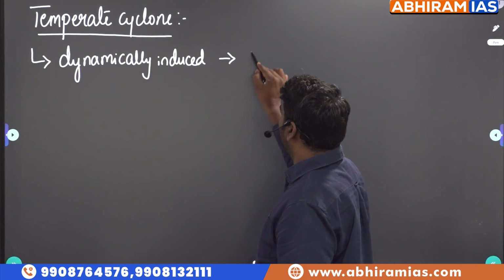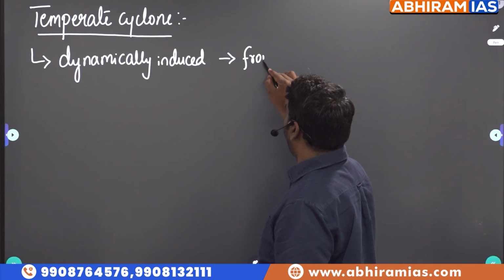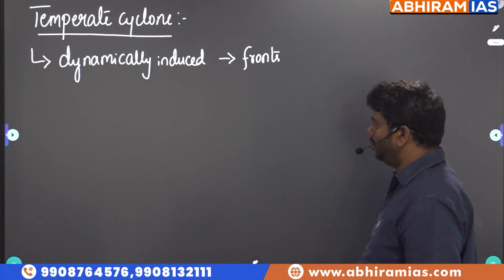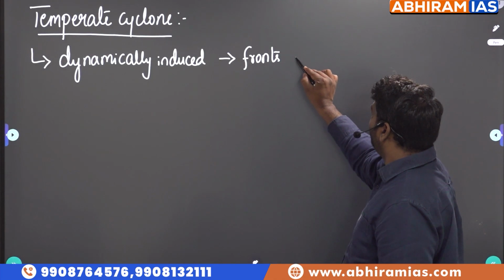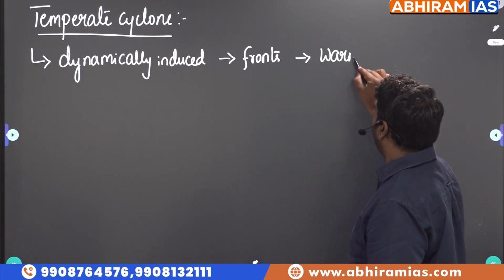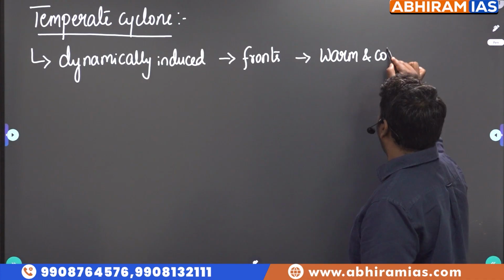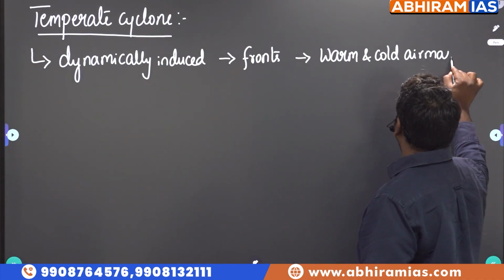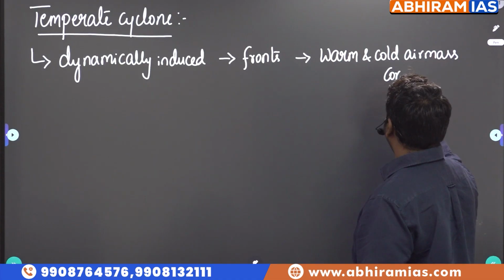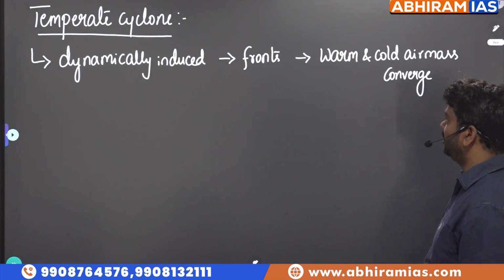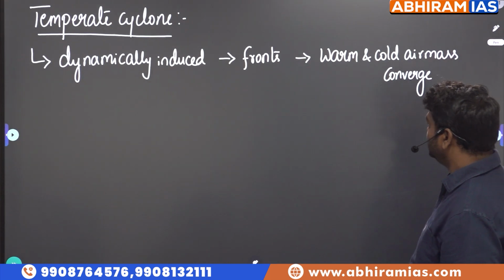That means it is formed due to fronts. Here, fronts basically means warm and cold air mass converge. Fine. Warm and cold air mass converge.